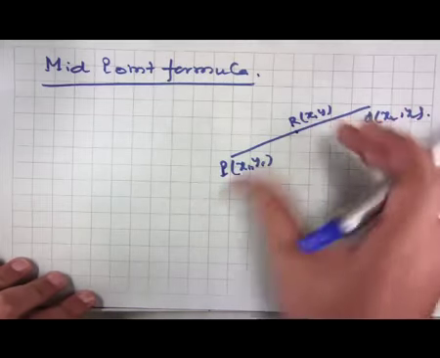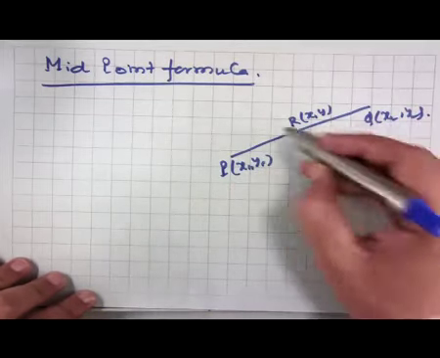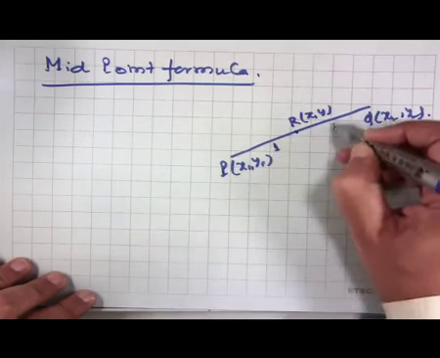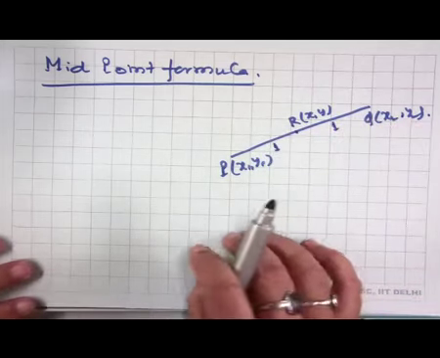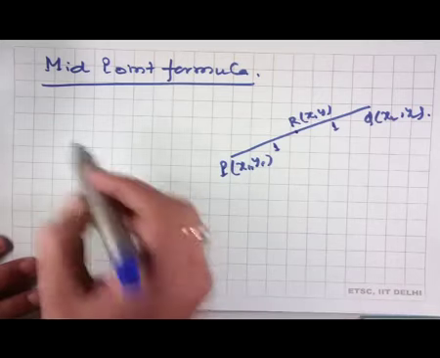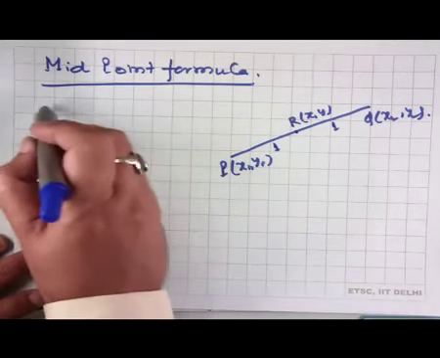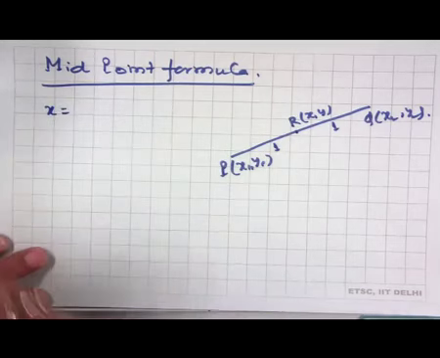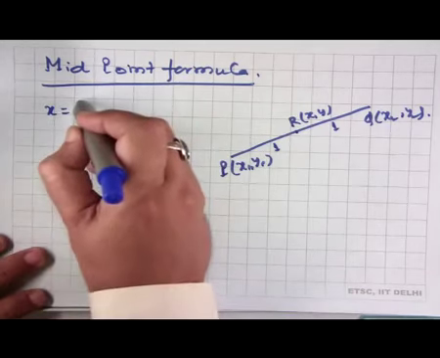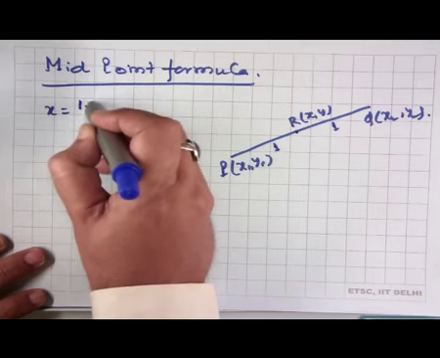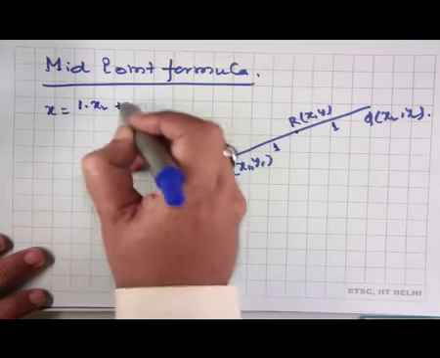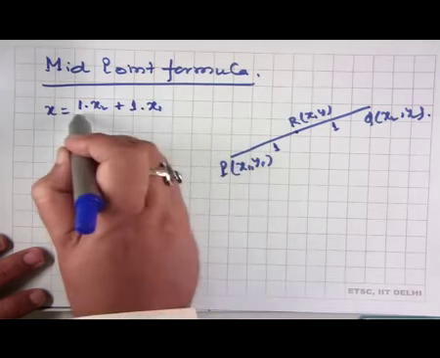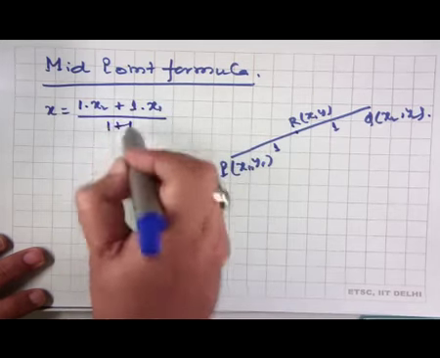So R divides PQ into two equal parts, then its ratio is 1:1. So x is equal to (1 into x2 plus 1 into x1) by 1 plus 1.